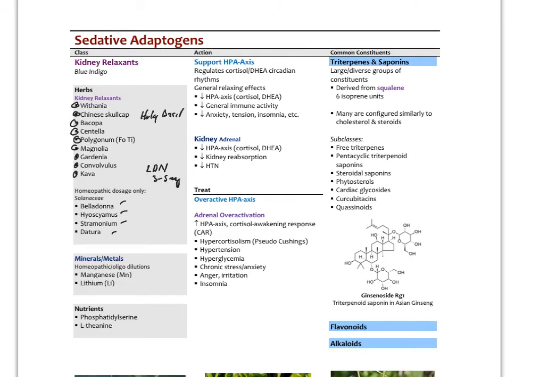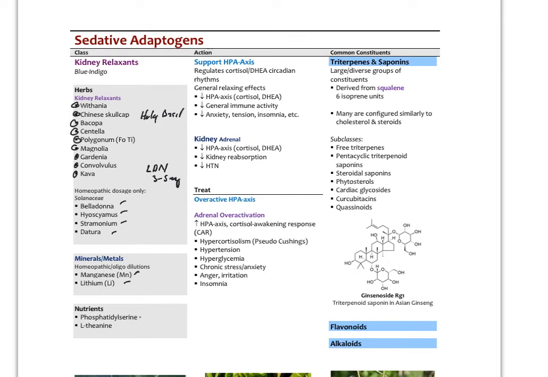And if we look at their chemistry, the alkaloids in those herbs, in very small amounts, are also down-regulating the HPA axis. So if you look at the homeopathic literature around those remedies, they often involve some degree of HPA axis overactivation.